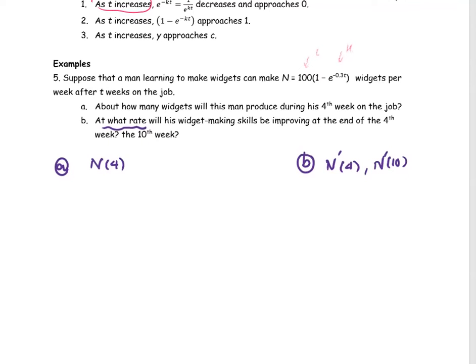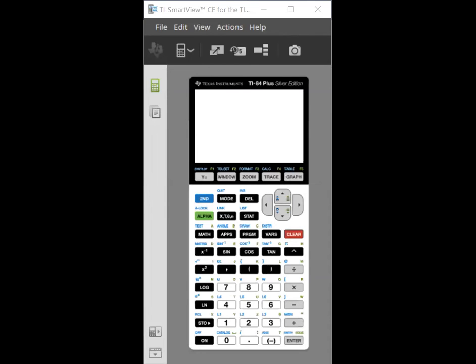So in part A, to compute n of 4, we just replace the t with the number 4. We get 100 multiplied by 1 minus e to the power negative 0.3 multiplied by 4. I'm going to share the screen of the calculator so we can see how the number comes out.